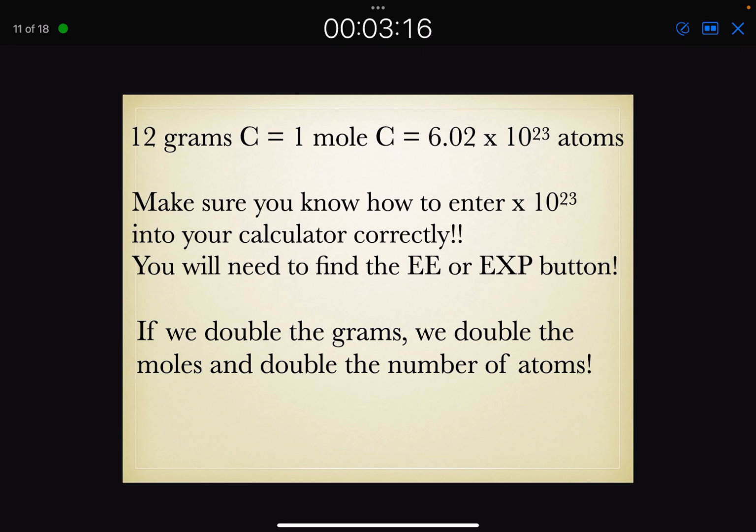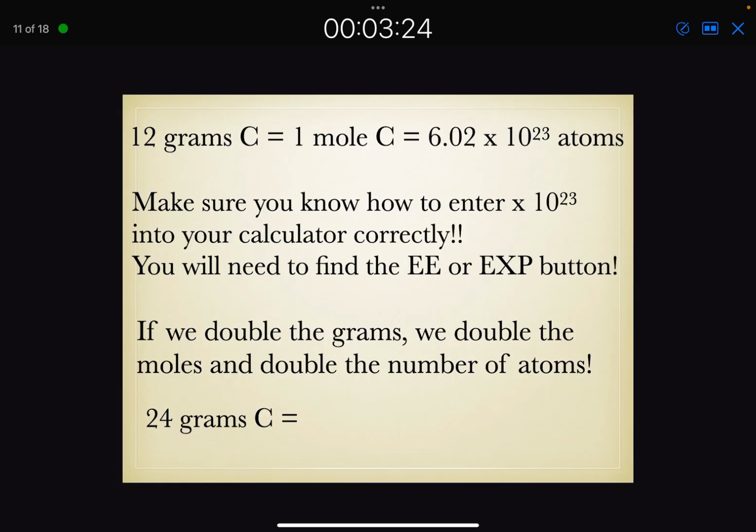So if we double the moles, say I want 2 moles of carbon, that's going to automatically double the grams, from 12 to 24, and it's going to double the number of atoms, 1.2 times 10 to the 24th atoms. So these are all just equivalencies.